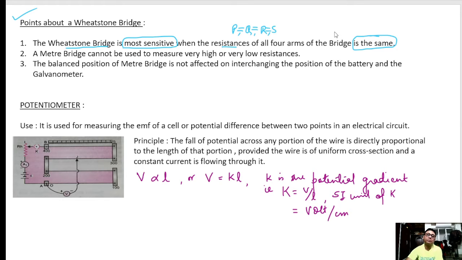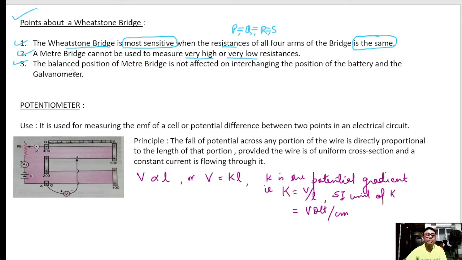Then only the Wheatstone bridge will be most sensitive. Number 2 point. A meter bridge cannot be used to measure very high or very low resistances. Mind it, you cannot use a meter bridge for very high or very low resistances.